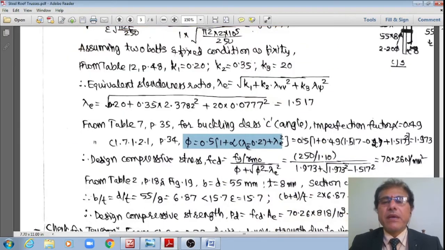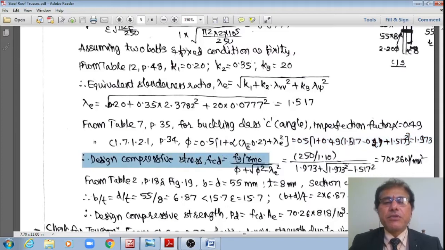Therefore that phi, if I substitute, I'll get 0.5 multiplied by 1 plus alpha, which is 0.49, and lambda, the effective slenderness ratio, is equal to 1.517, minus 0.2, plus 1.517 whole square. It now works out to 1.973.